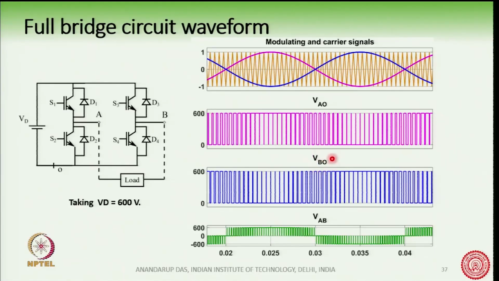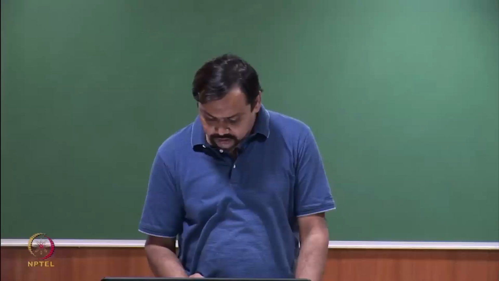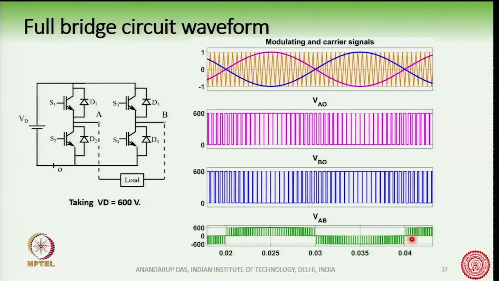The output voltage from leg B is again a PWM waveform like this, and the differential voltage falls across the load. If we see here, the differential voltage, this is the green one here, is varying between -600 and +600, and the waveform looks like this.